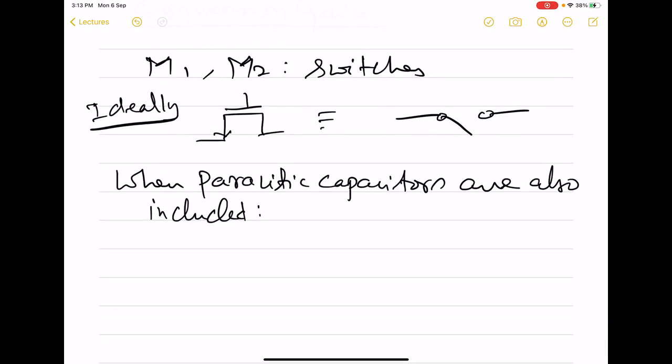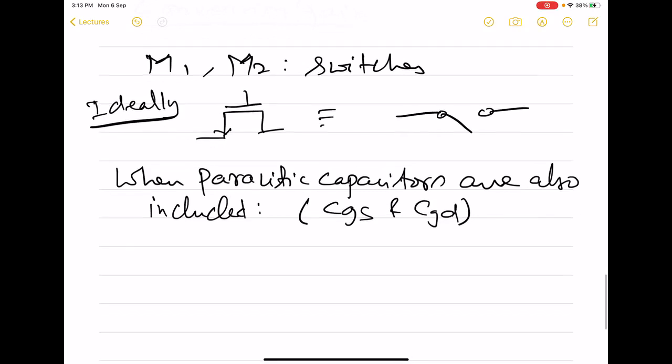So the parasitic capacitors that we will include are going to be gate to source and gate to drain. So these two capacitors will be included.